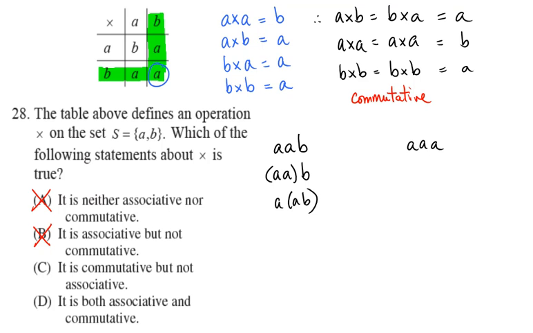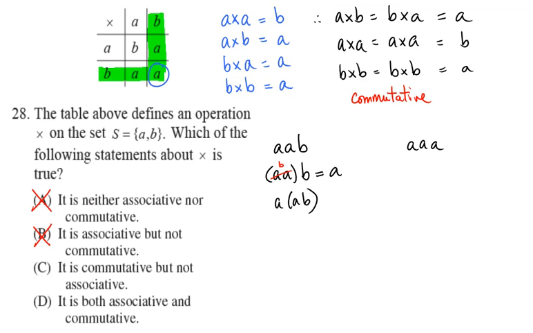So what is AAB? Well, when we multiply AA together, we got B above. So since A times A is equal to B, then (AA)B is the same as B times B, which above we're told is A. So let's multiply the AB together.